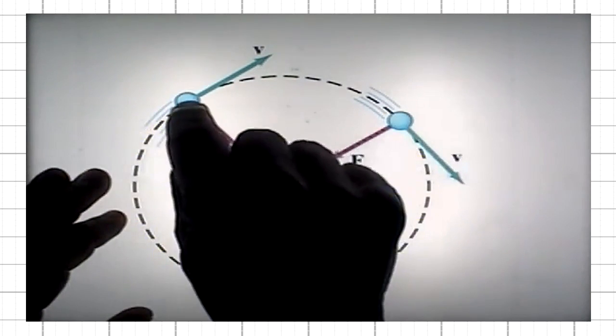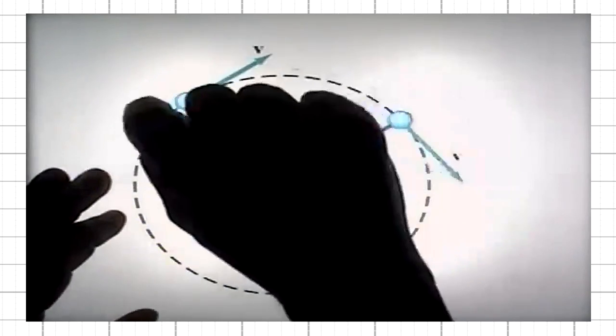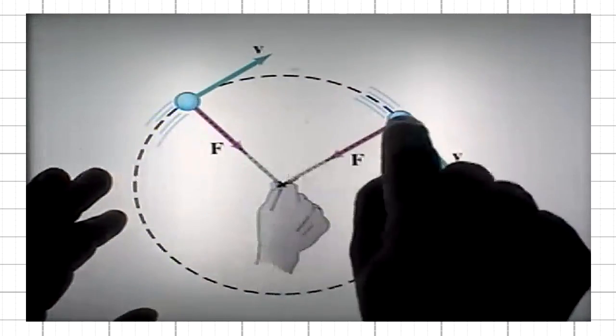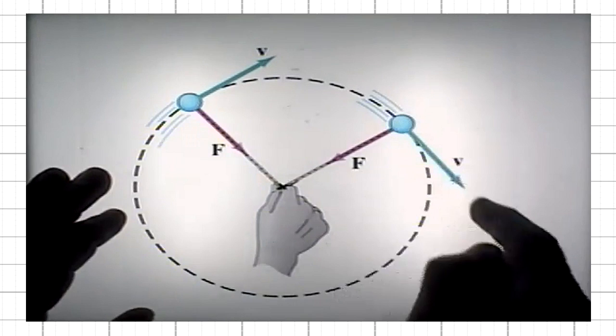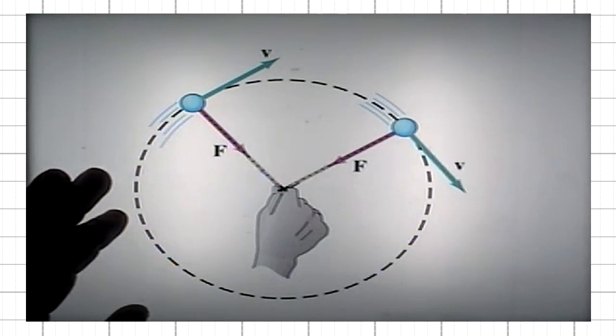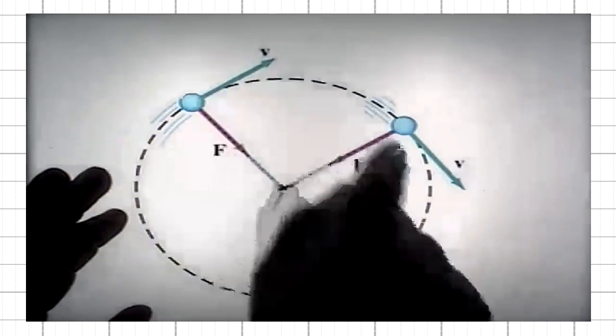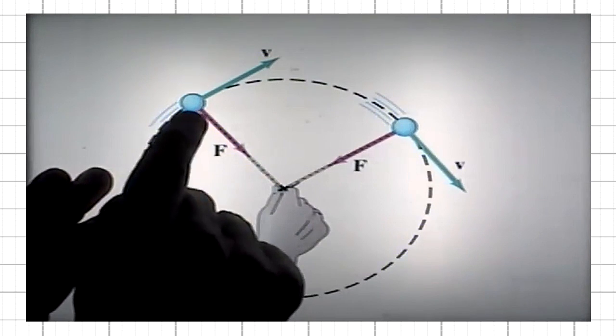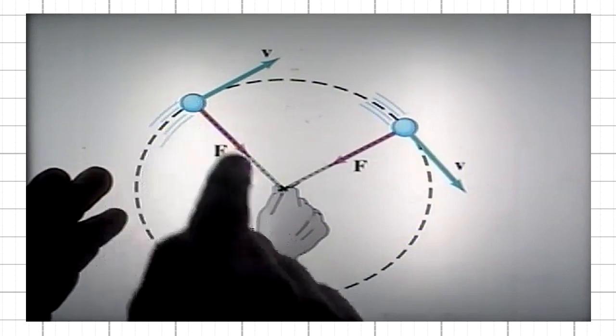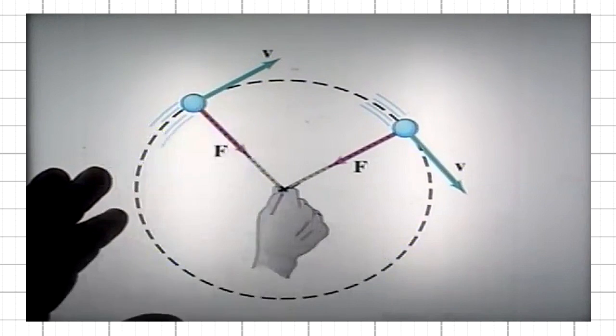At this instant here, it has a tendency to go this way. At this instant here, it has a tendency to go this way. And to change the direction of motion, you need to apply the force in a perpendicular direction.